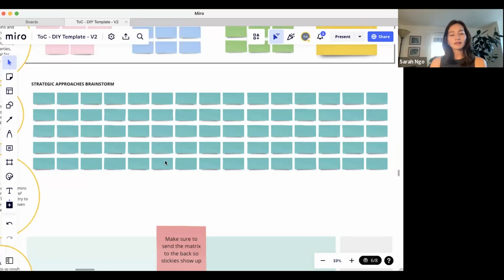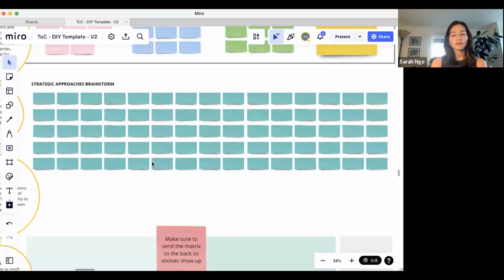So take some time after the brainstorm has happened to cluster these into themes or groups, find where the shared elements are, and create umbrella strategies to encompass whatever gets brainstormed at the more detailed level.